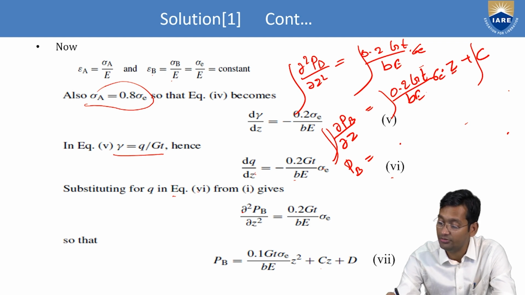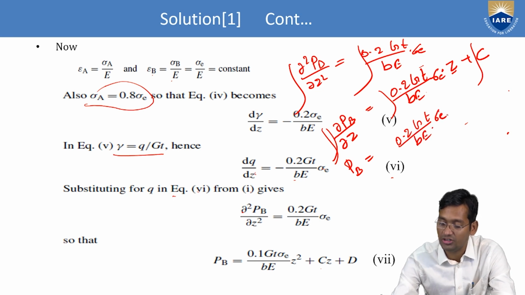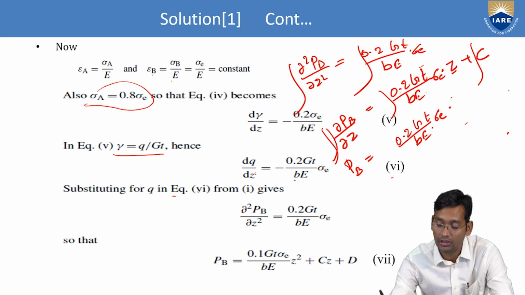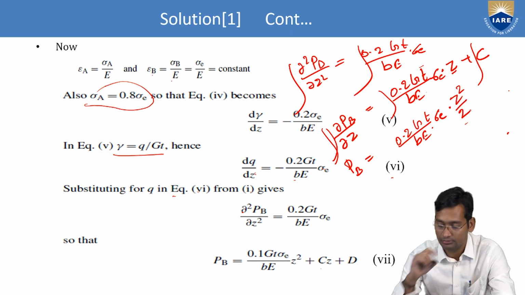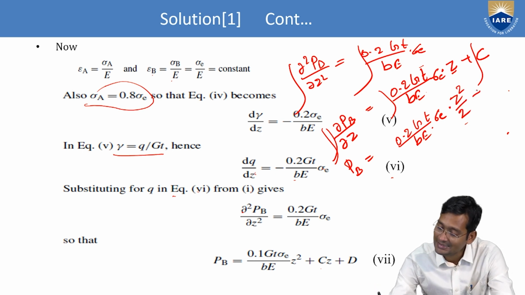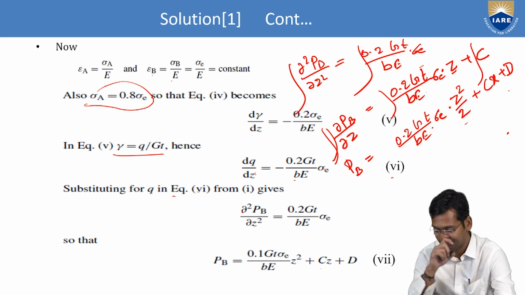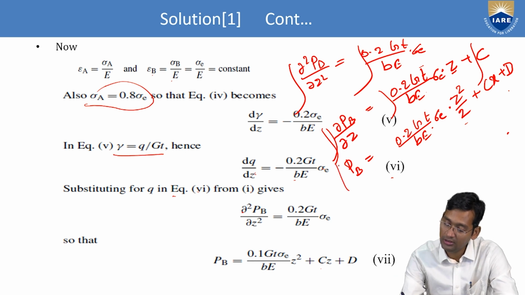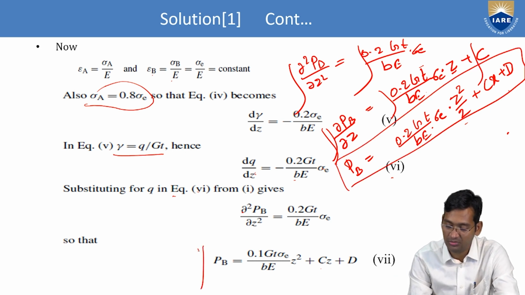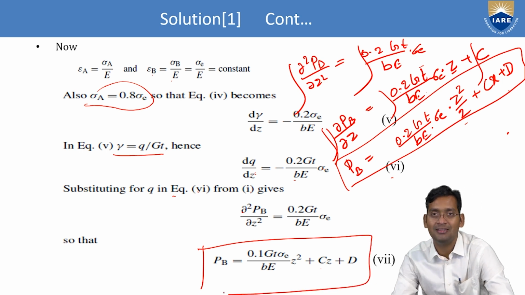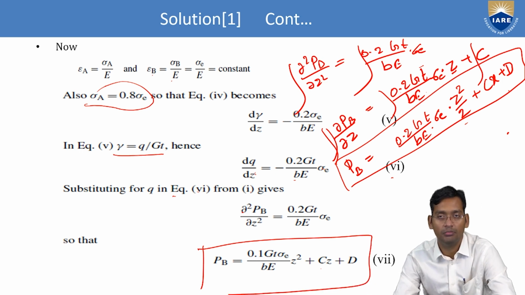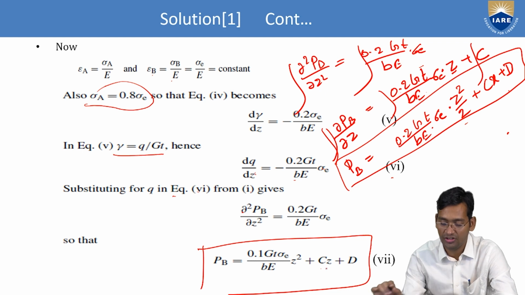This time the integration of z, so 0.2 GT by BE into sigma E, that is constant, into z square by 2, plus the integral of C, that is CZ, and another integration constant D. So this will be the PB integral. So PB equals 0.1 GT sigma E by BE into z square plus CZ plus D.